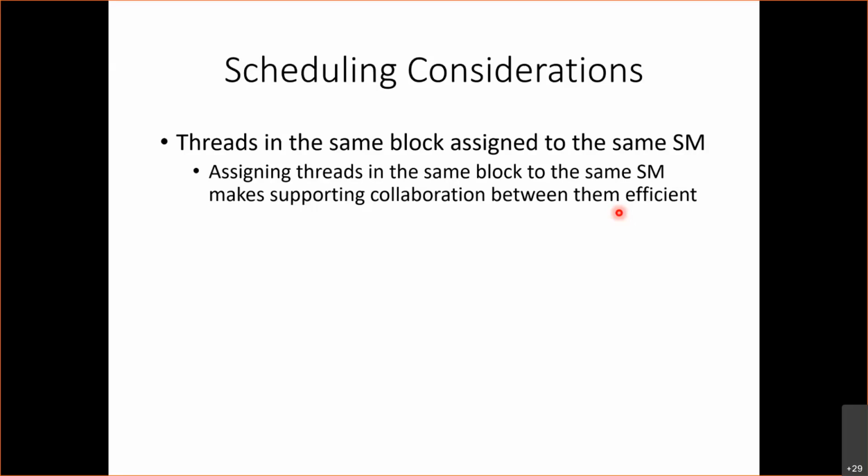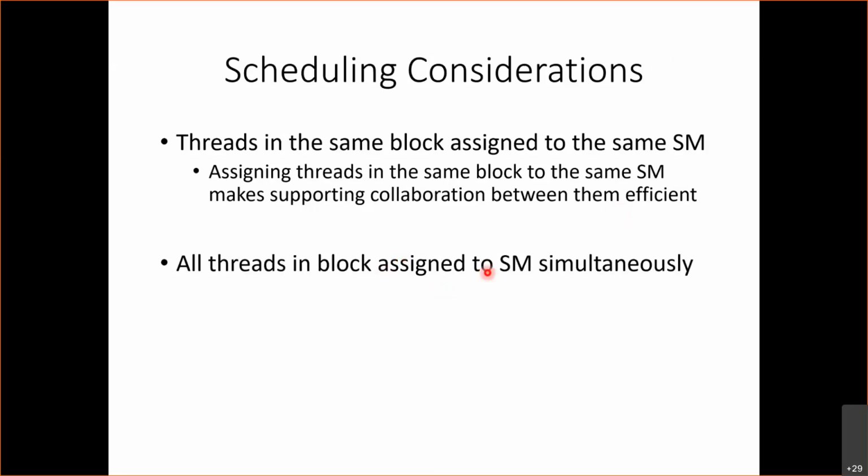Another important point: all the threads in the block are assigned to an SM simultaneously. In other words, if I have 1,024 threads in my block, and there's an SM that has 512 thread slots free, I cannot assign 512 threads of my block to that SM, wait for them to finish, and then assign the next 512.